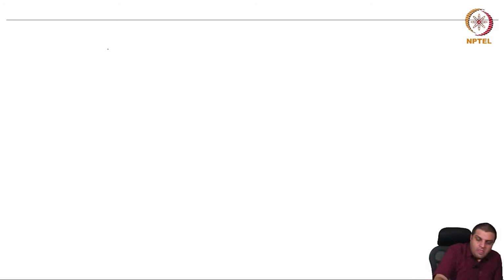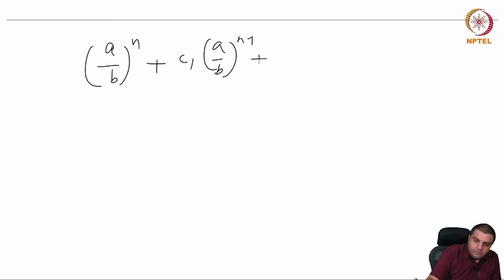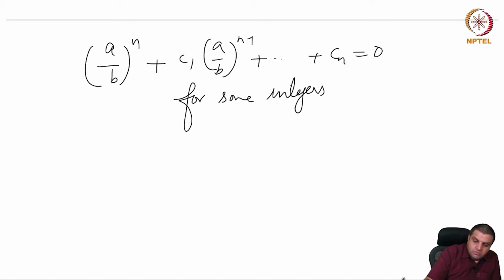Then we have a over b to the n plus some integer c1 times a over b to the n minus 1 and so on, plus cn equals 0, for some integers c1 through cn. This is what integral means.